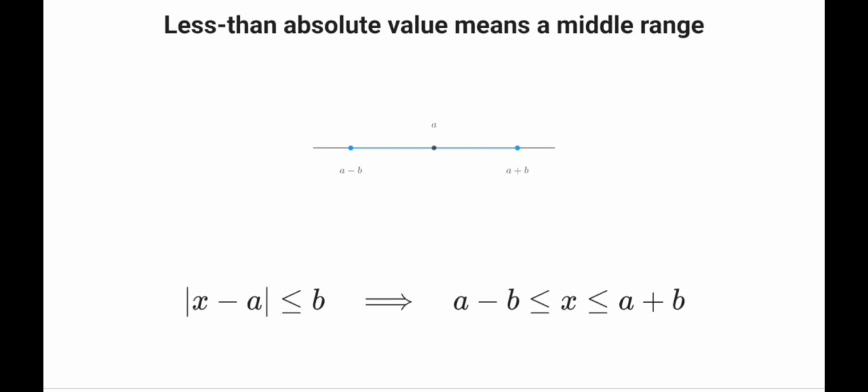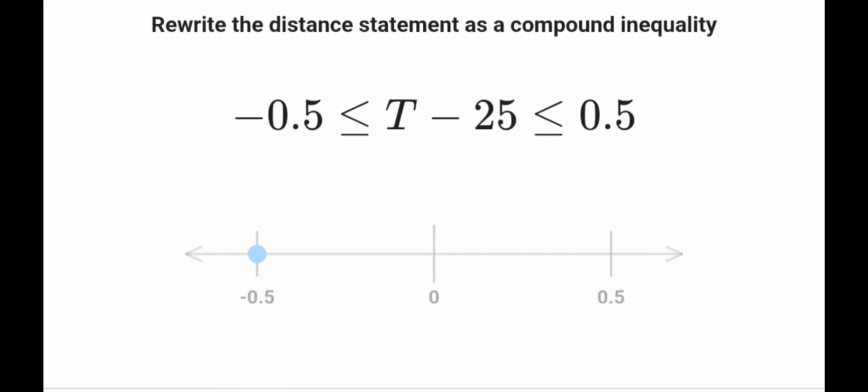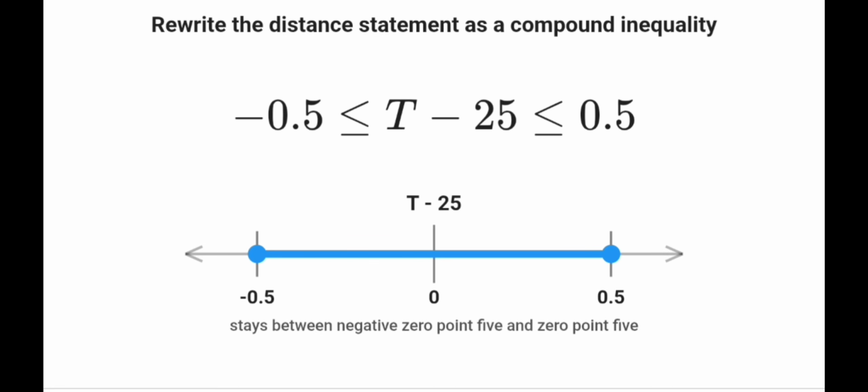A less than or equal to absolute value inequality becomes a middle range. So the absolute value of x minus a is less than or equal to b means x is between a minus b and a plus b. For the temperature example, the compound inequality says negative 0.5 is less than or equal to T minus 25, which is less than or equal to 0.5.